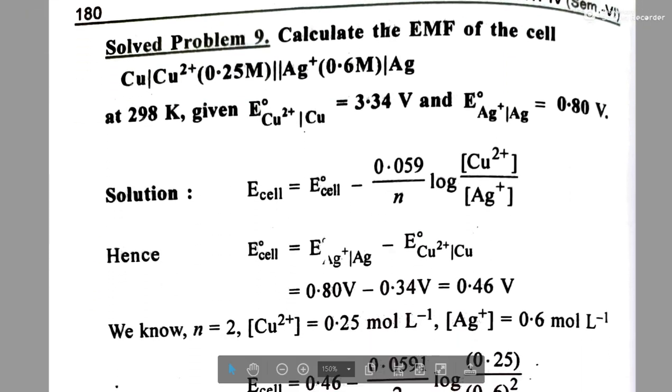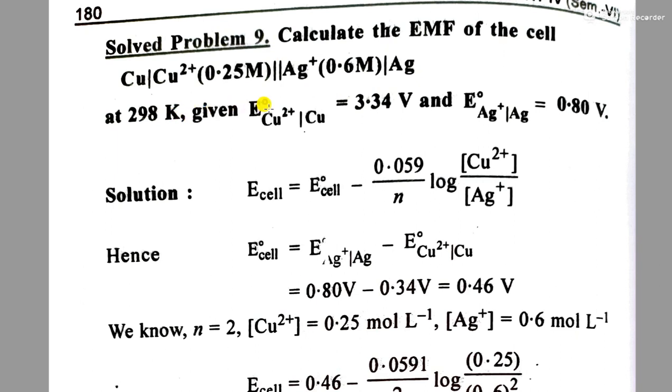And this is the 9th problem. Calculate the EMF of a cell. Here this is a cell having a copper and a silver part connected using a salt bridge, and the cell is at 298 Kelvin.